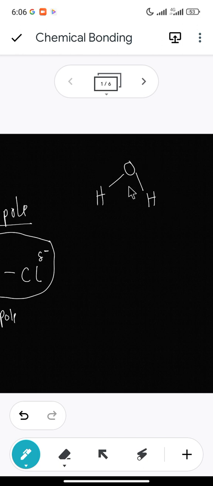So in this bond, oxygen is going to try to pull most of the electrons to itself. So it's going to be electron rich. And as we said, the side with more electrons will be partially negative, and the side that is electron deficient will be partially positive. So this is a polar molecule. That's why they say water is polar.